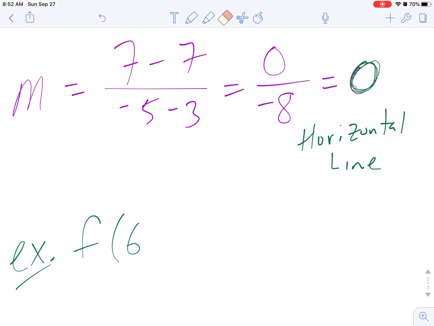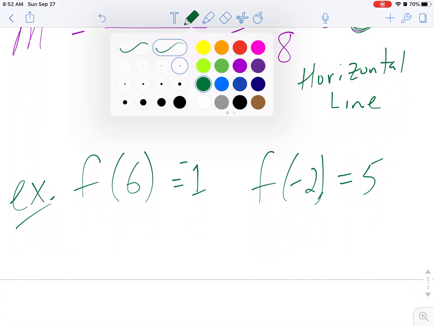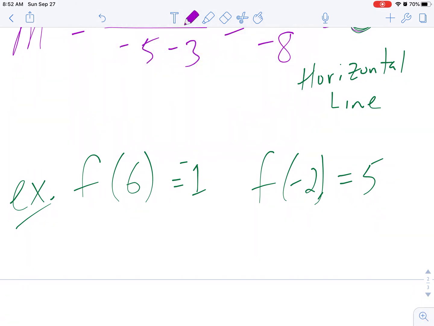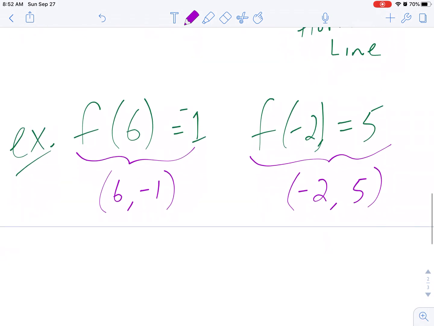But the other type of question that they're going to give you is sometimes in function notation. All right. You can read through the assignments, but if you're given something in function notation, this is really just a different way of giving you ordered pairs, okay?